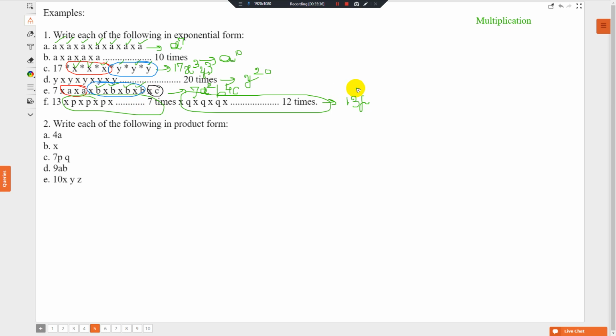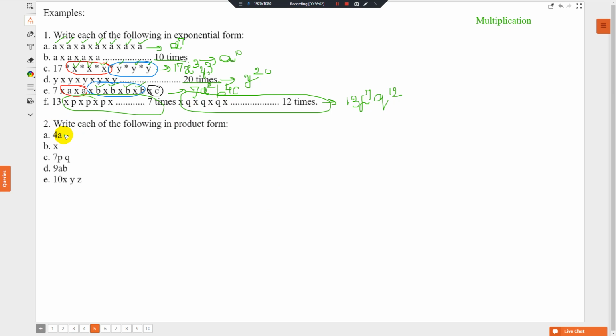How many times? 7 times. Now here q. In the second group q is used, right? q is how many times? 15? No, not at all 15. Not at all. 9 also. It will be 12. Like this, 20.